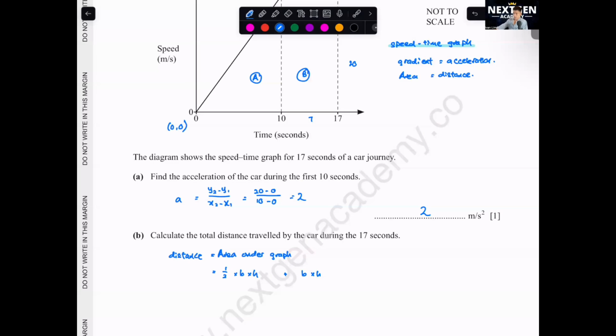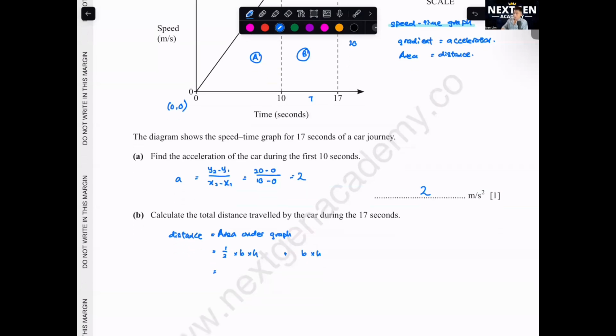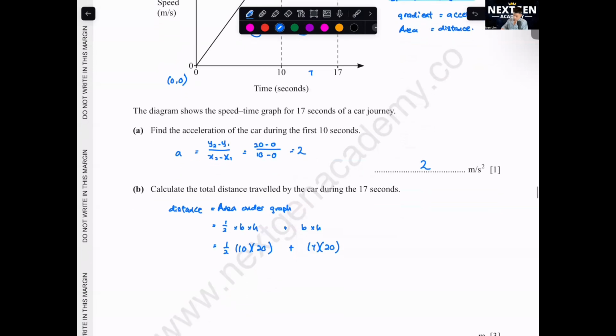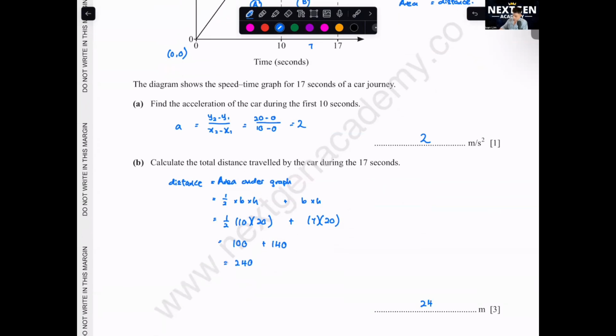So half times 10 times 20, plus 7 times 20, where 17 minus 10 is 7. Calculate this, we get 100 plus 140, and our final answer equals 240.